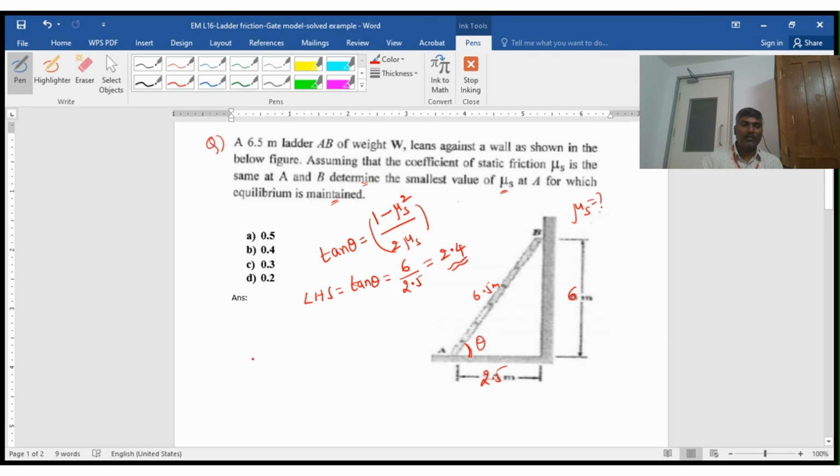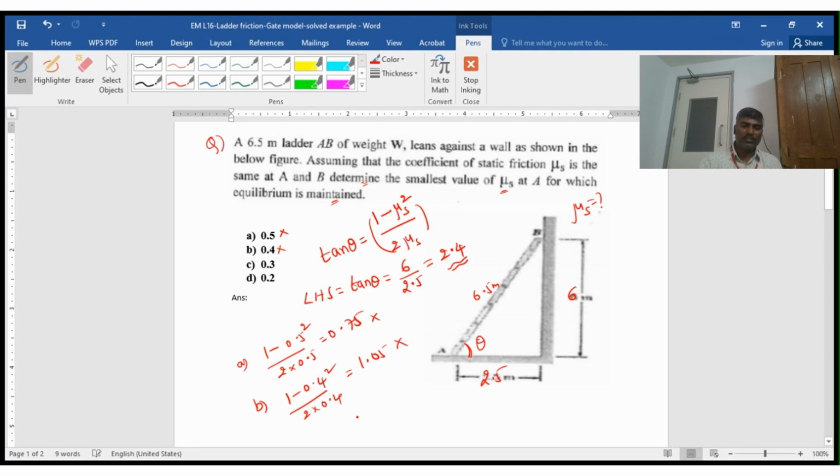Option A: 1 minus 0.5 square by 2 times 0.5. This comes to 0.75, so this is not your option. Next, option B: 1 minus 0.4 square by 2 times 0.4. This comes to 1.05, so this is also not your option.